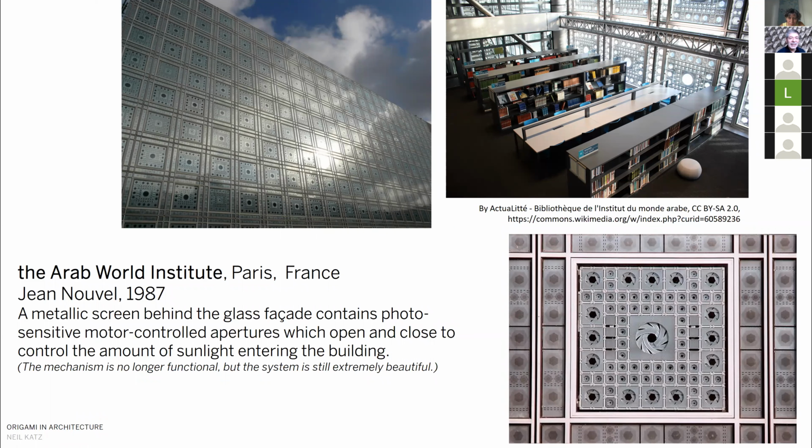One problem with this building is that the motors failed after a few years. So although it's still a beautiful building, it doesn't work as intended. This is probably one reason why this technique of having buildings with moving parts is not done as much as we would like, because there's a great chance of failure.